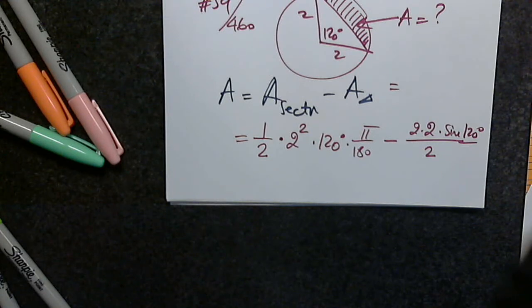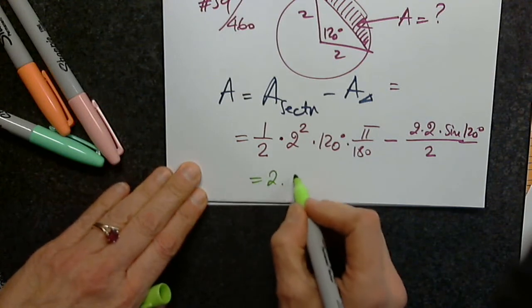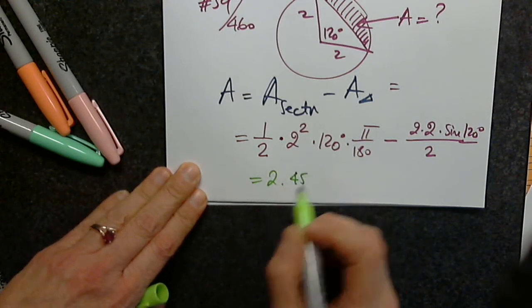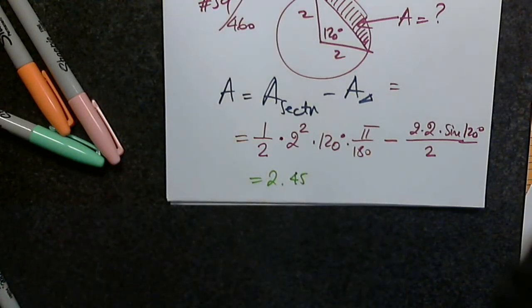And then minus, I'll simplify 2 and 2, so I have 2 sine 120 degrees. That's 2.4567, so 2.45, whatever measurement unit, squared. And that's the area of the shaded region.